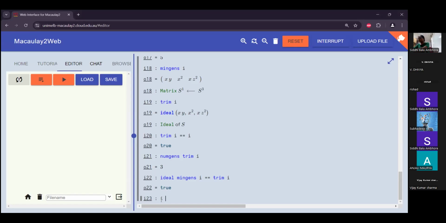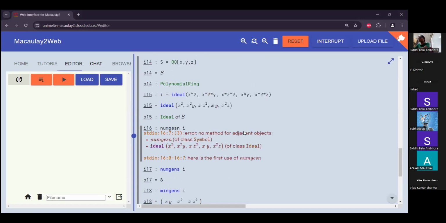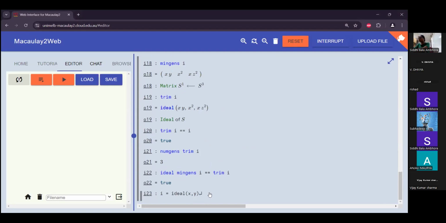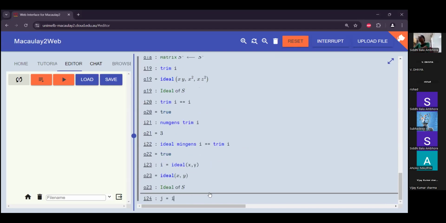Let me just take any two ideals. So I'm taking this ideal x, comma y, since my polynomial ring has variables x, y, z here. This is just to show you the code for it.